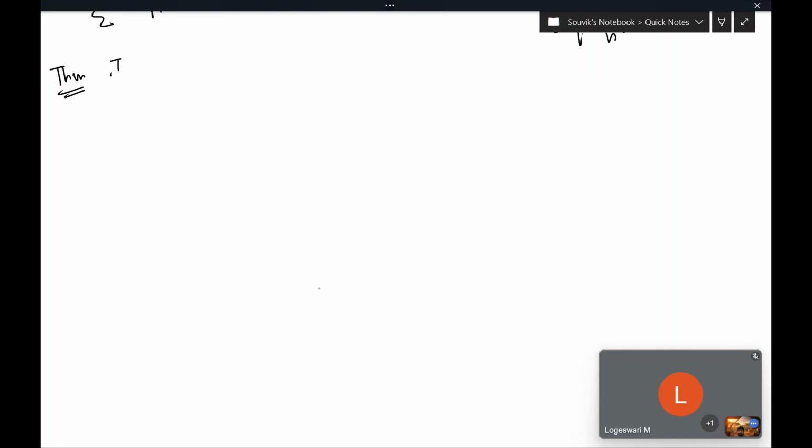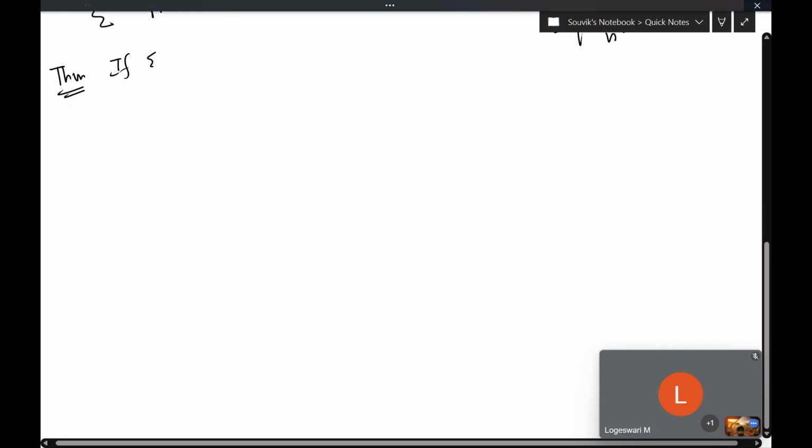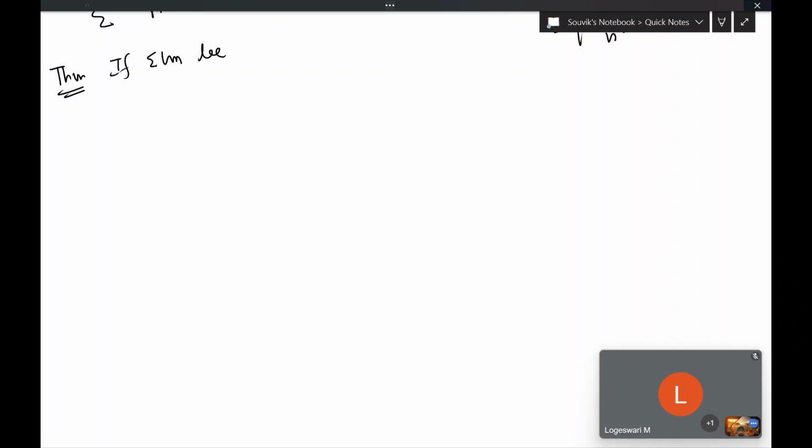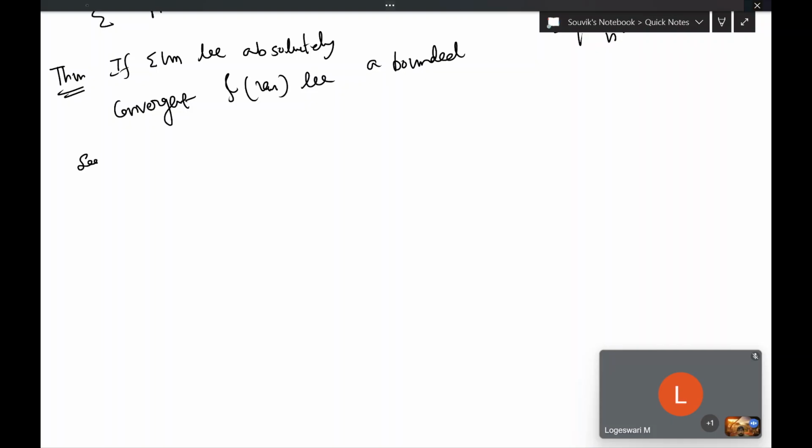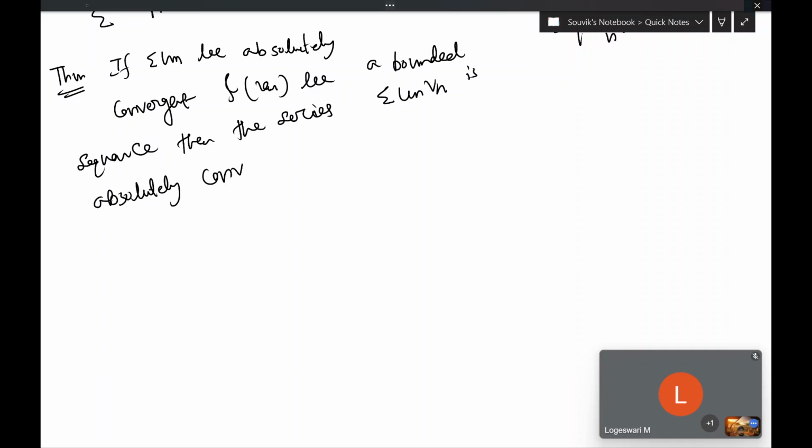The theorem tells that suppose summation u_n is absolutely convergent, and v_n is a bounded sequence, then the series summation u_n v_n is absolutely convergent.